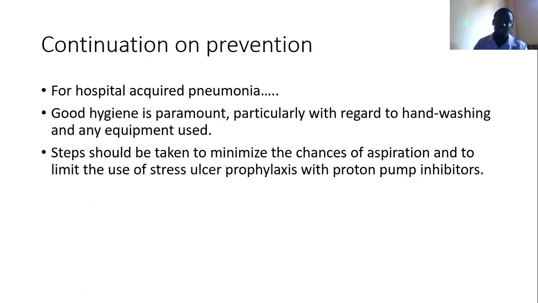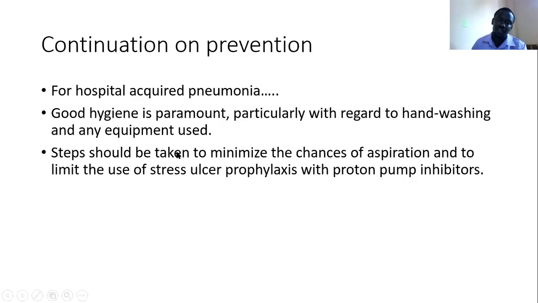Continuing with prevention of hospital-acquired pneumonia, good hygiene is paramount at facility level, particularly with regard to hand washing and any equipment used. Like you might do a procedure on a patient. Maybe the patient is comatose, and you insert an endotracheal tube.